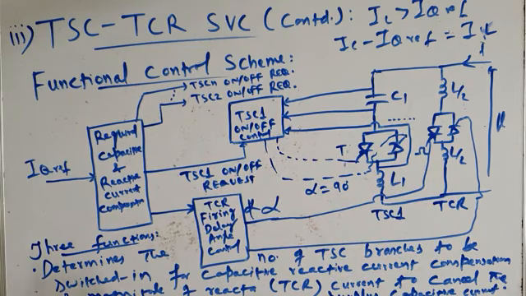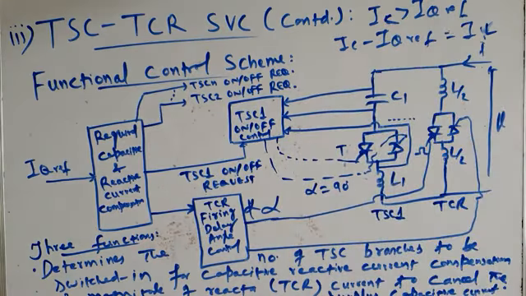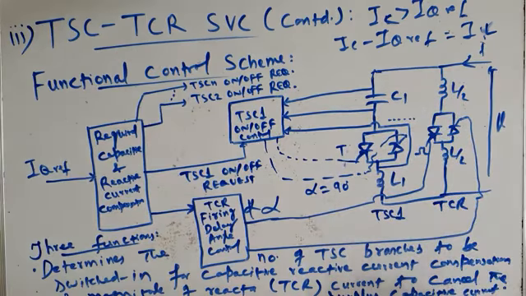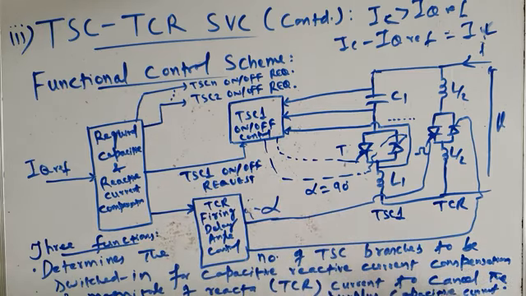Now when all the branches are switched in, the injected capacitive reactive current may be more than the reference current, and therefore the surplus current, which is IC minus IQ ref, is equal to the inductive current. That surplus capacitive reactive current has to be cancelled, and that will be cancelled by TCR. So this control scheme also issues the firing pulses to TCR at a particular delay angle, depending upon how much surplus reactive current has to be cancelled. So this is the first function.